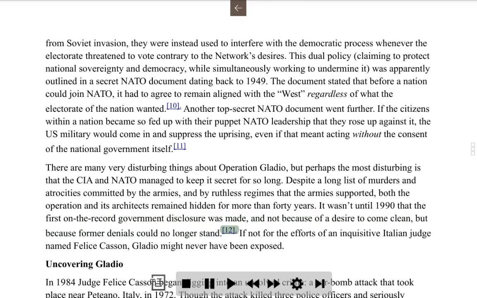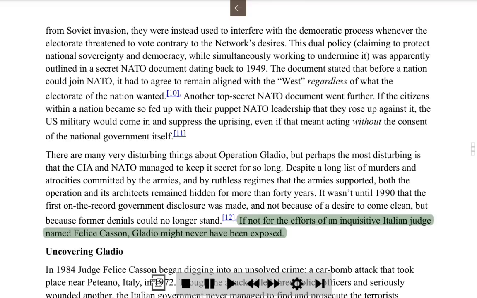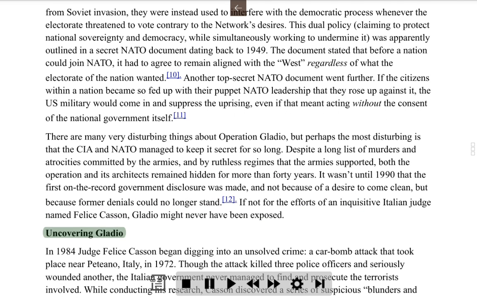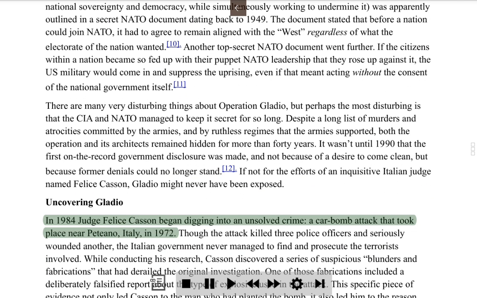12. If not for the efforts of an inquisitive Italian judge named Felice Casson, Gladio might never have been exposed. Uncovering Gladio. In 1984, Judge Felice Casson began digging into an unsolved crime, a car bomb attack that took place near Peteano, Italy, in 1972.